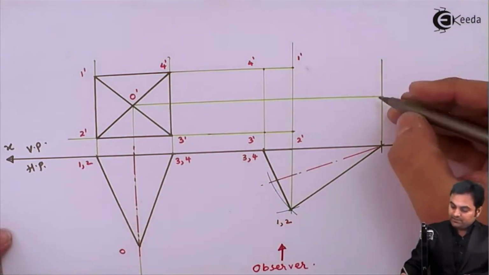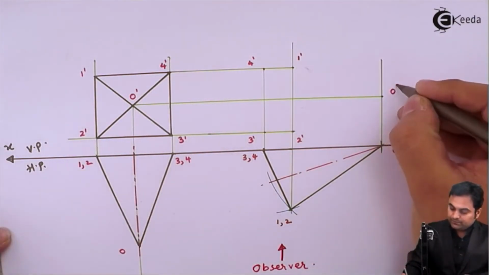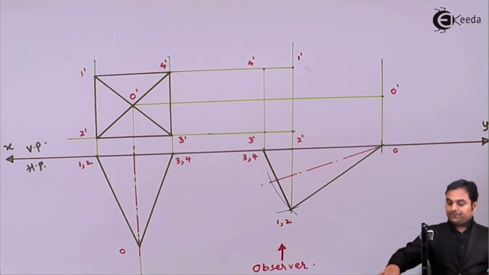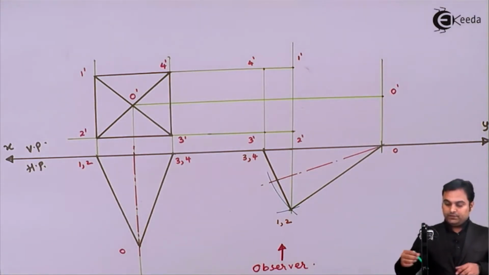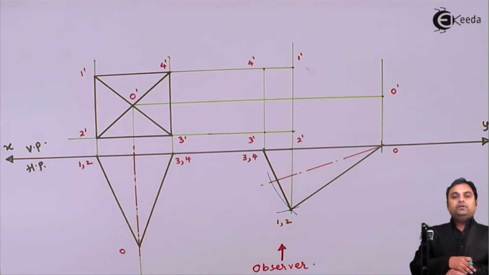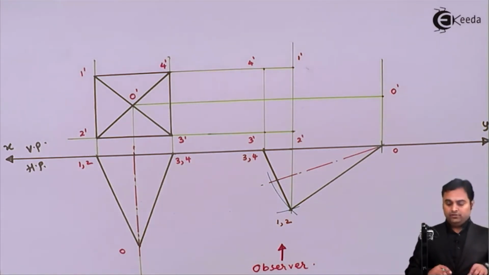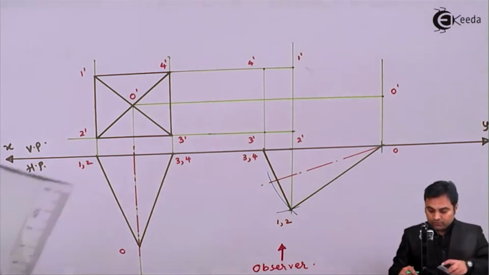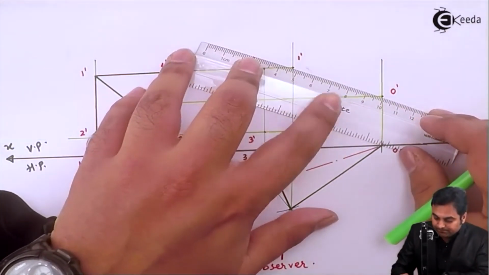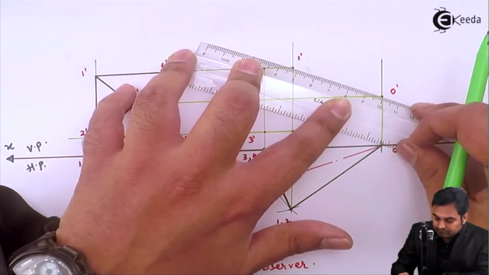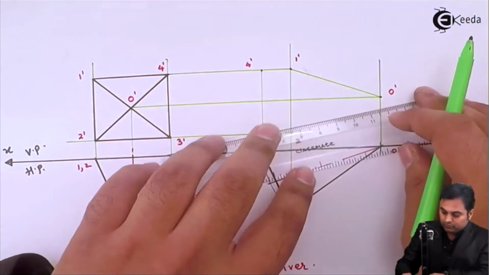So this is apex O dash in the front view. Next, your outline will be dark because in drawing the outlines are never hidden. So I'll connect O dash 1 dash and O dash 2 dash.